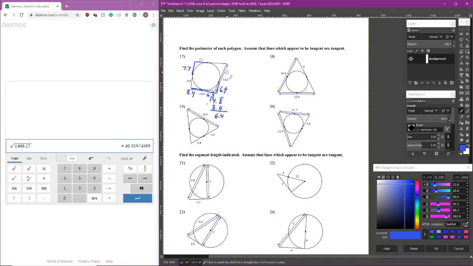Okay, we're almost done. And I bet you can see what we're going to do here. If we know that the bottom piece is 6.4 and the whole length is 18.4, we do the same thing. We take the whole and we subtract the piece that we know.